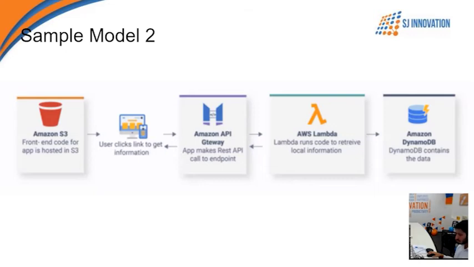It works similar to what I have explained in the previous model. So here also, to make API calls, then process that information or write your business logic, you use AWS Lambda, then ultimately store the information in DynamoDB.